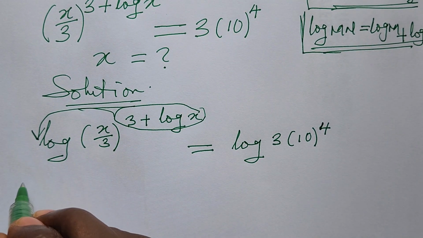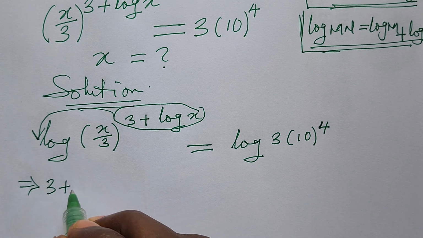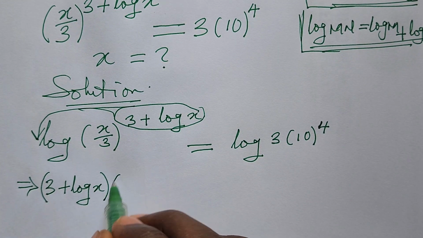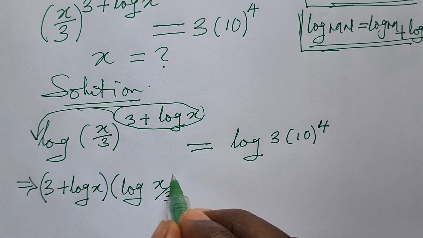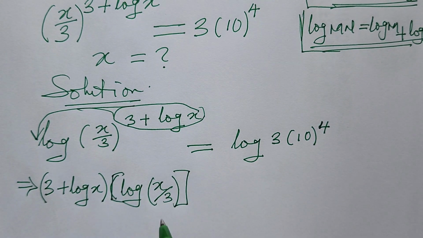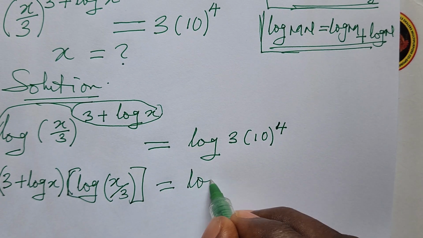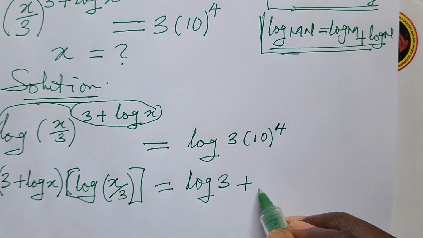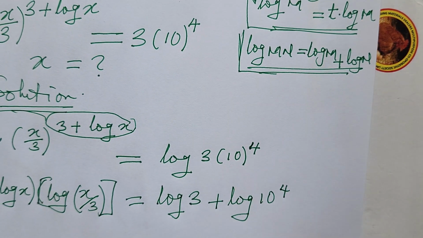So this now implies we're going to have (3 + log x) times [log (x/3)], then equal to log 3 plus log of 10 to the power of 4.